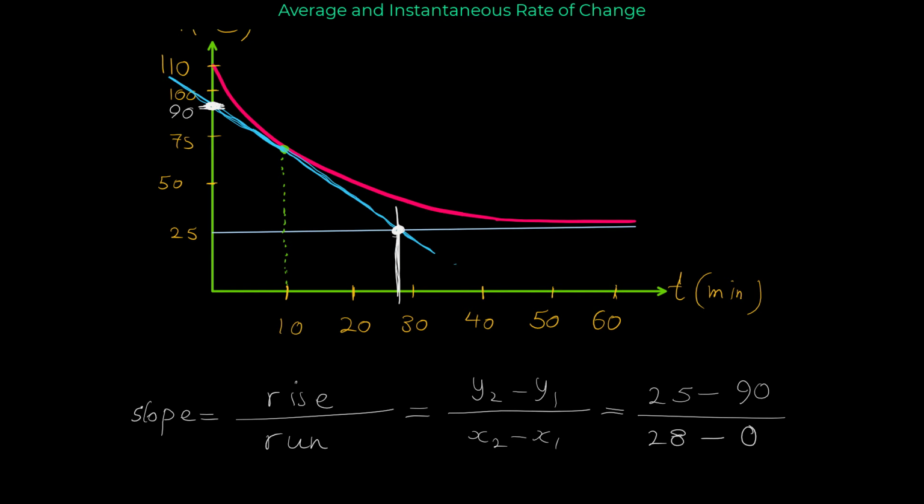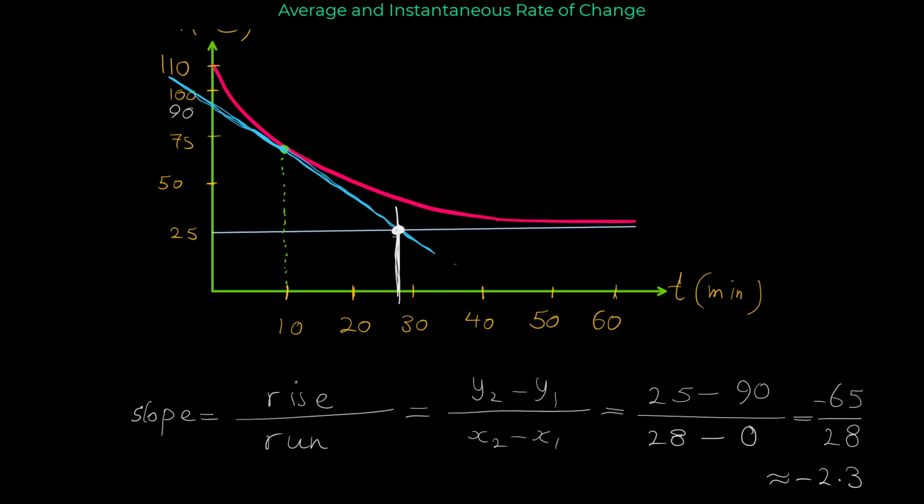By calculating this fraction, we can estimate the instantaneous rate of change of the temperature of the roast chicken 10 minutes after. 25 minus 90 is negative 65 over 28. Negative 65 over 28 is approximately negative 2.3.